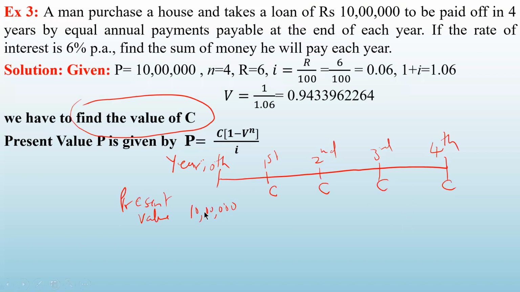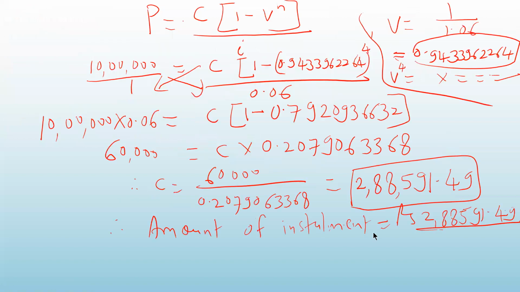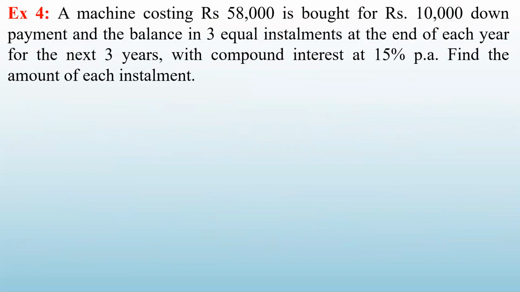See here, if you take a 10 lakhs loan, every time you have to pay this much amount. So in this problem, we have calculated the value of C. Let us move to the next problem.